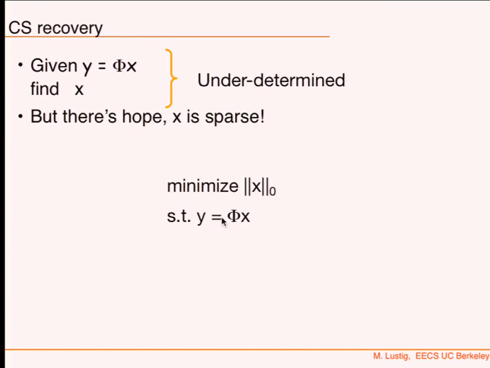under the conditions of a certain amount of sparsity, a certain amount of incoherence of phi, there are results that can be quantified. You can say that you can guarantee that you will find the solution. Not for every phi, but for certain phis that are incoherent.